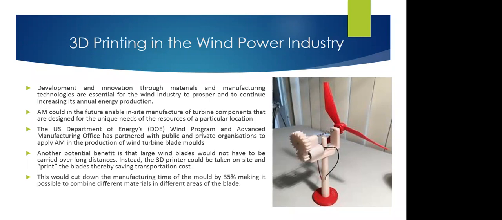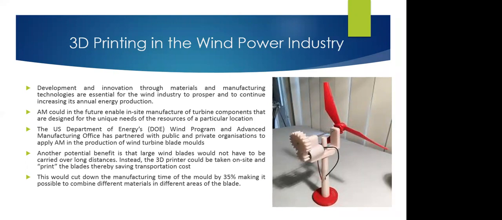Another potential benefit is that large wind blades would not have to be carried over long distances. Instead, the 3D printer could be taken on site and print the blades, thereby saving transportation costs.